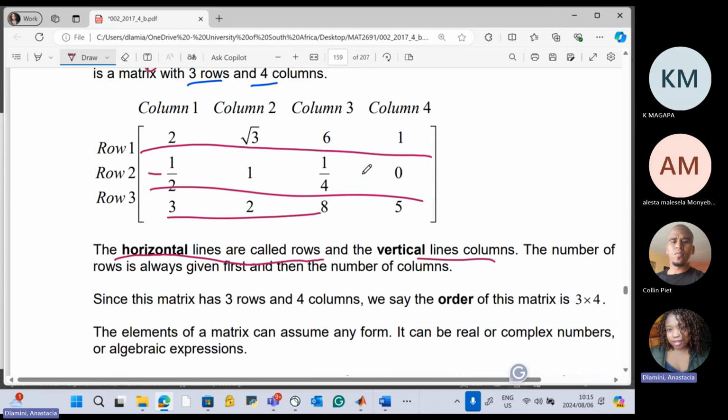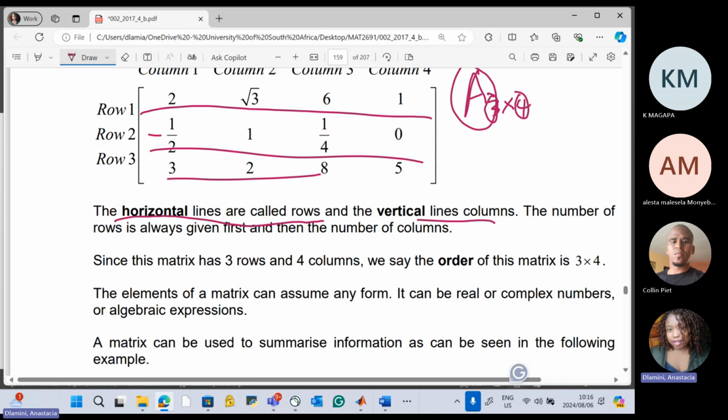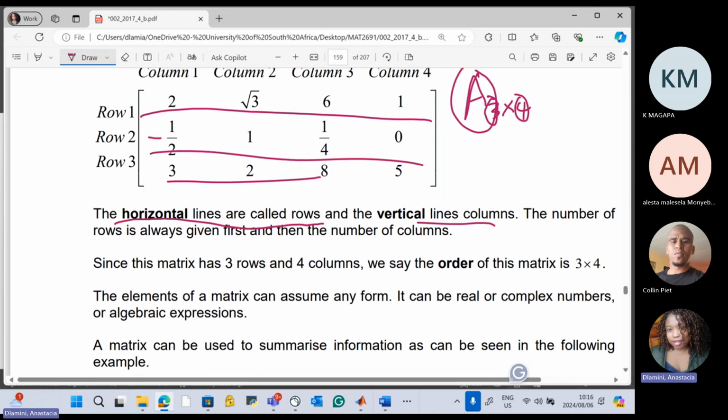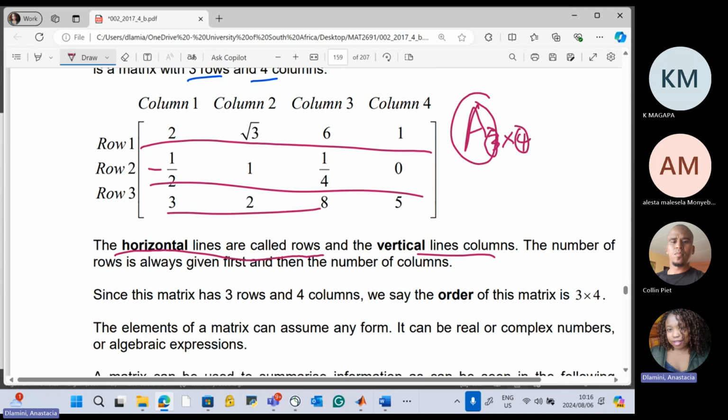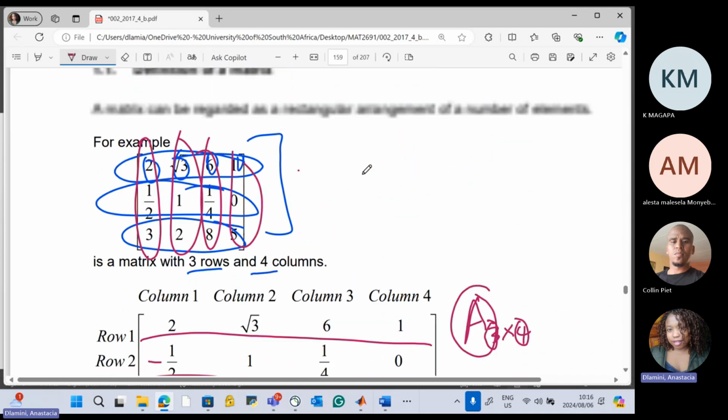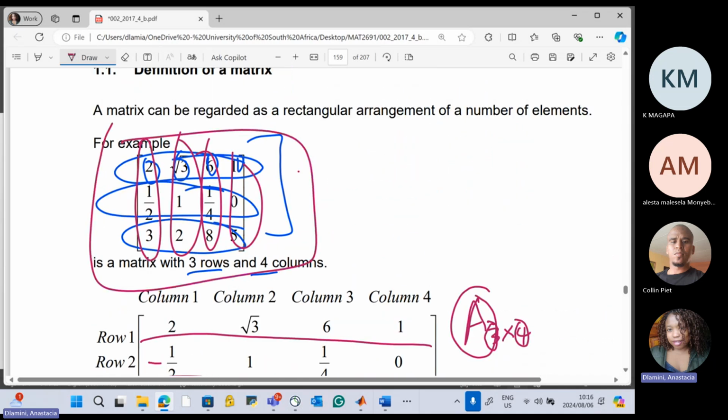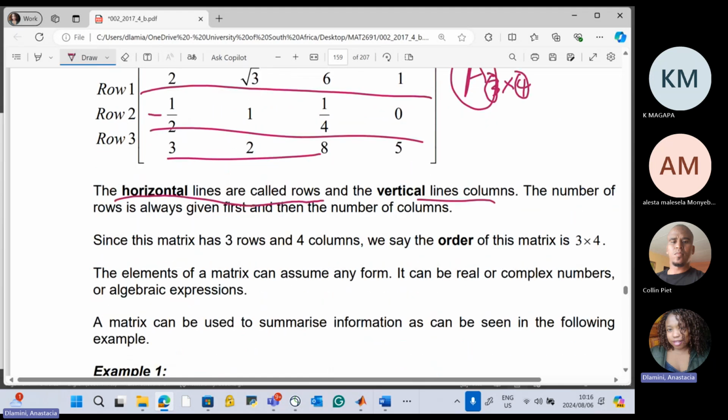So if you're looking at matrix A, the dimension 3x4 means this is the number of rows and this is the number of columns that matrix A has. Since the matrix has 3 rows and 4 columns, we say that the order of this matrix is 3x4, meaning it's a 3x4 matrix.